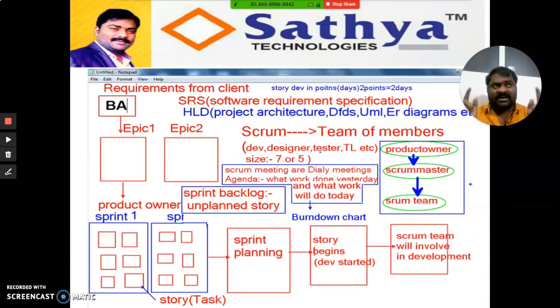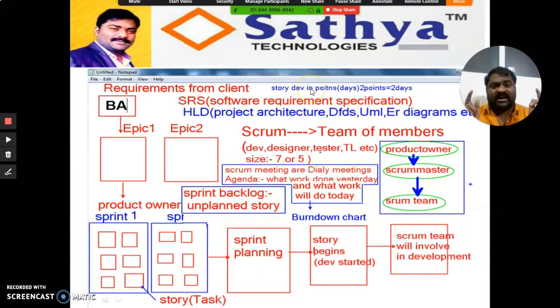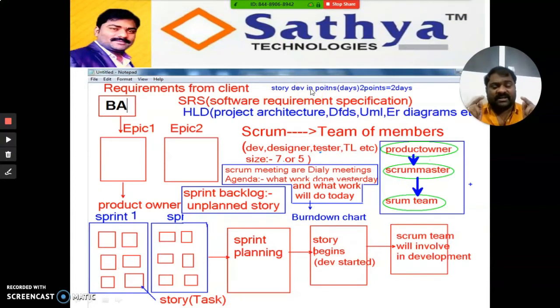HLD consists of the complete information of the project, like project architecture diagrams, UML diagrams, data flow diagrams, ER diagrams. The complete information of the project is documented in one document. The name of the document is SRS, and HLD belongs to the high level. LLD belongs to the developer.